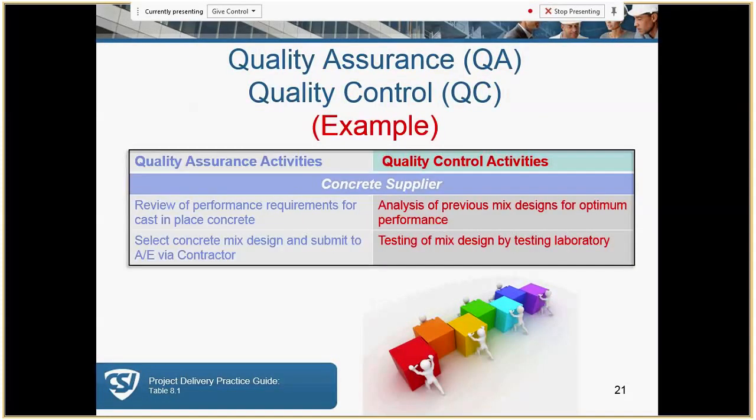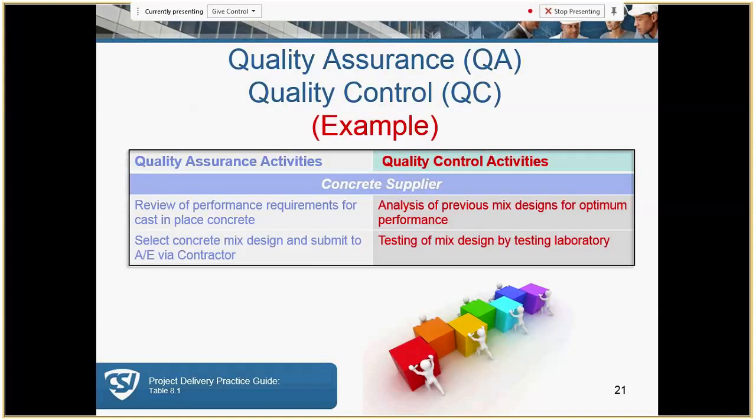So here's some more examples of QA and QC. These are different types of activities. We're looking specifically at concrete. So to assure that we're getting what we specified, we're going to review the performance requirements in place, and we might select a mix design to submit to the A&E through the contractor.